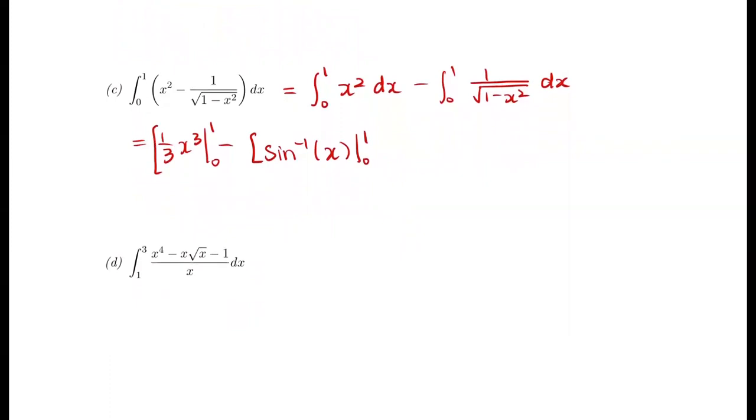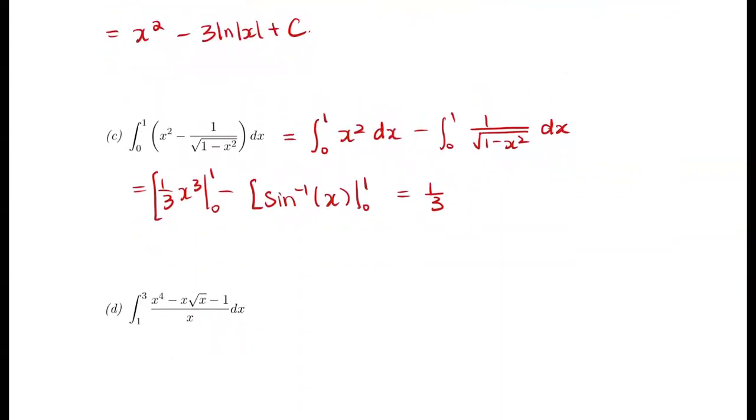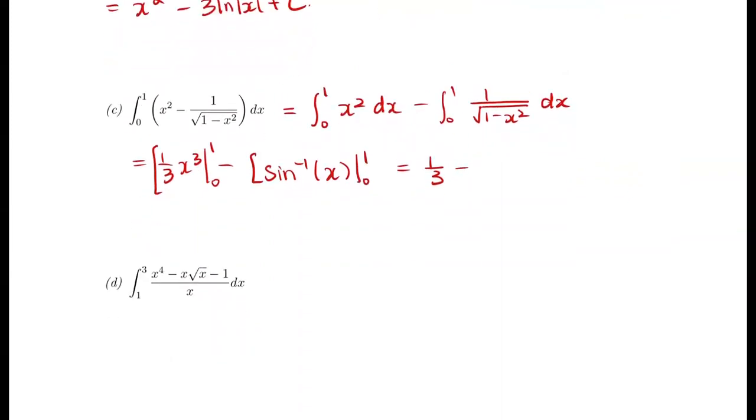So for the first one, that one is just going to be 1/3, because if we evaluate the one at 0, it's going to end up being 0. As for the second integral, let's have a look at sine inverse first. So we would have sine inverse at 1 minus sine inverse at 0.